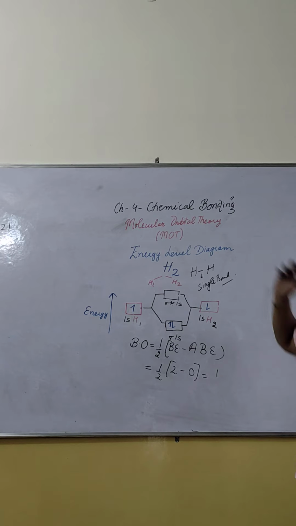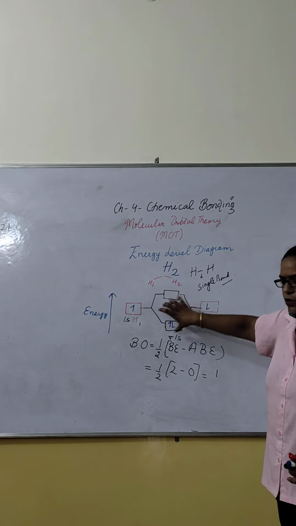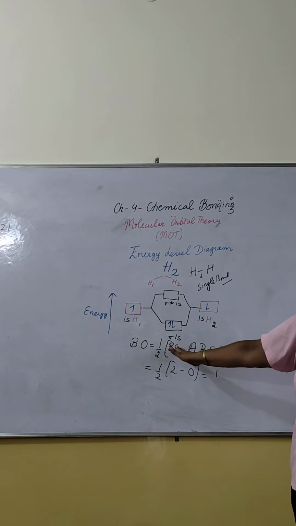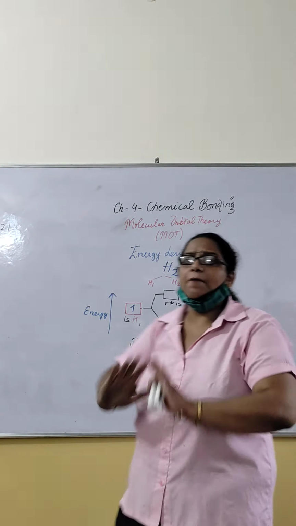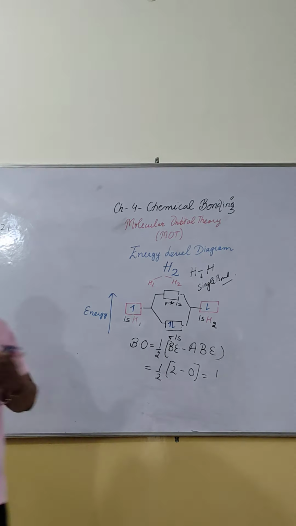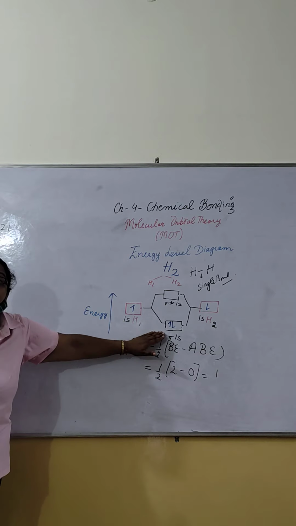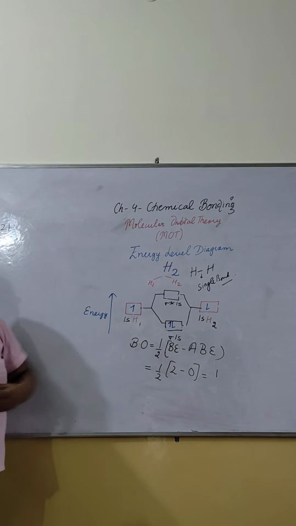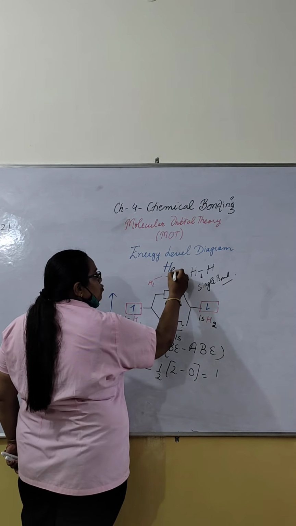Now come to its magnetic properties. We need to see molecular orbitals. If all the electrons are paired, it means the molecule is diamagnetic.